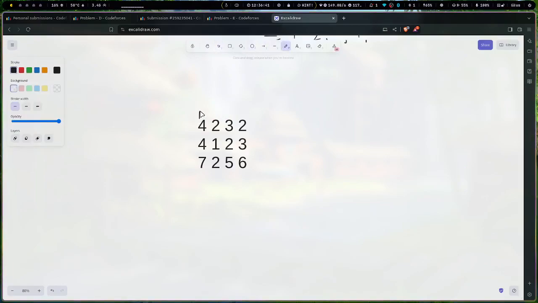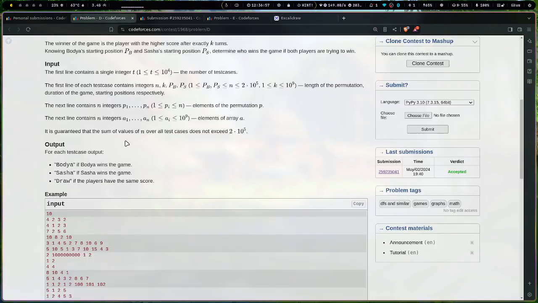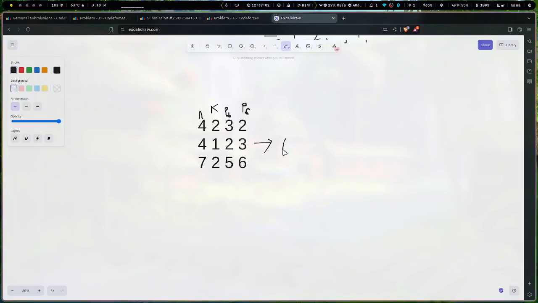This is n, this is k, this is pb, position of Bodia, and position of Sasha. And this is array P, and this is array A.